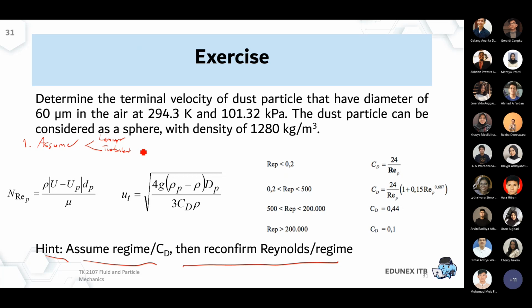If it's turbulent, that means you assume the CD to be 0.44, because the dust particle can be assumed as a sphere. What else is required? I don't provide the viscosity and the density, so those have to be provided.